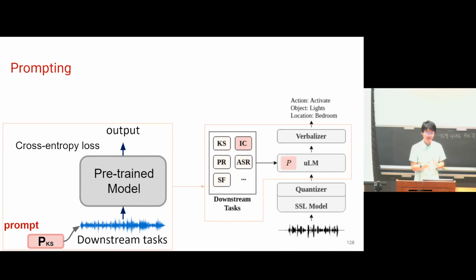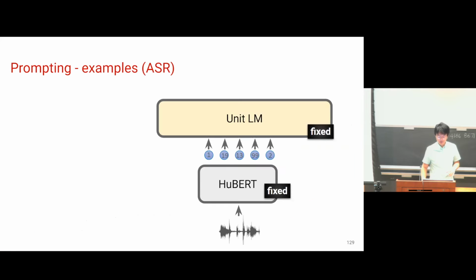For now, we are not adding prompting in the encoder part, just because it fits better with the unit language model and with how it's explored in NLP. But moving forward, we definitely want to see whether we can add prompting to the encoder part. That will be the difference. To give you a little bit more detail on how this works.